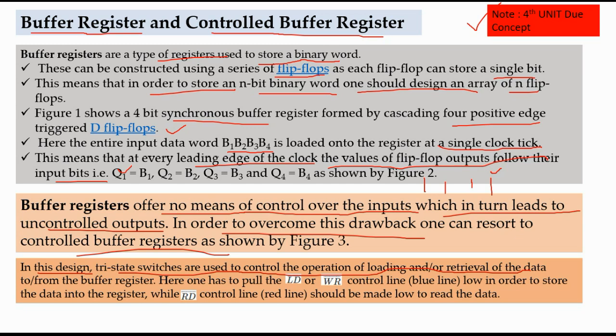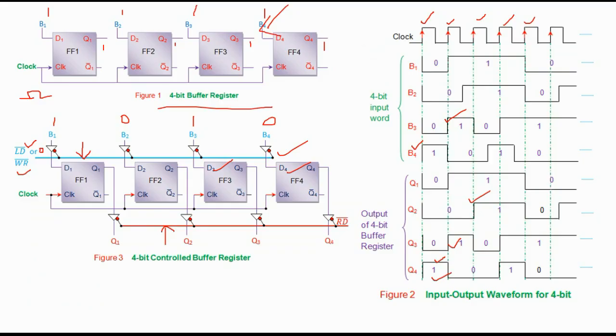The control line stores the data into the register, while the RD control line should be made low to read the data. So imagine RD equal to 1, then RD bar is 0.